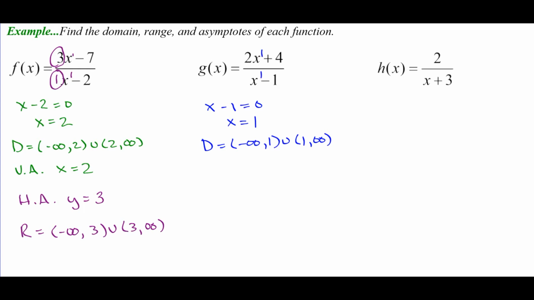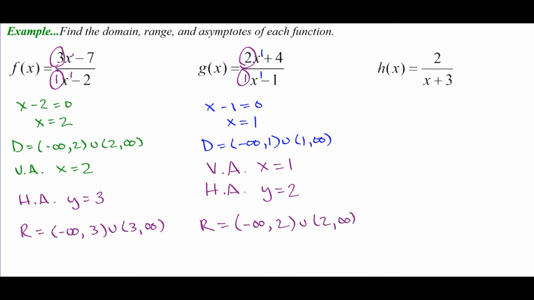So I'm going to say that my horizontal asymptote is at y equals 2, because again we're going to divide those leading coefficients. I forgot to write down the vertical asymptote, so the vertical asymptote is at x equals 1. And then my range again is going to be all my numbers except where my horizontal asymptote is, so negative infinity to 2, and then 2 to positive infinity.